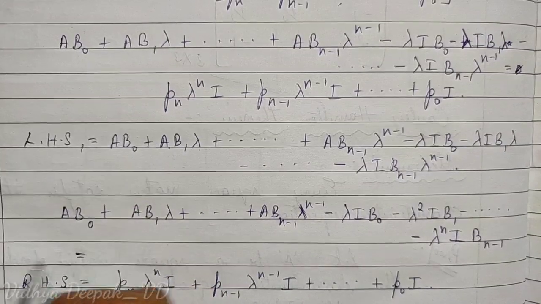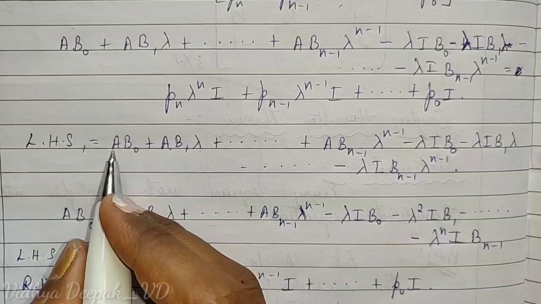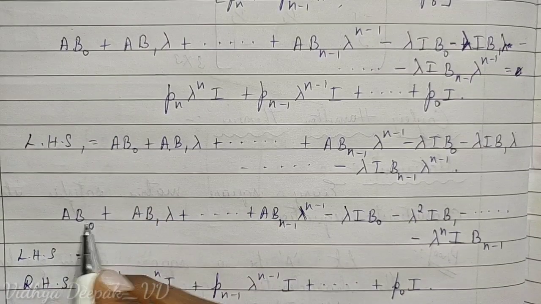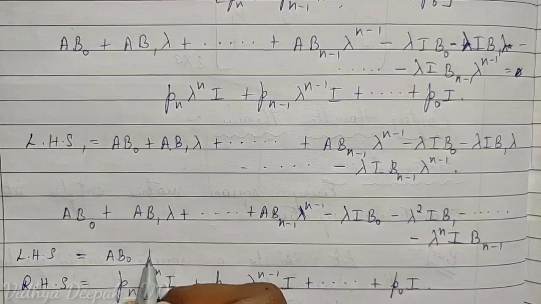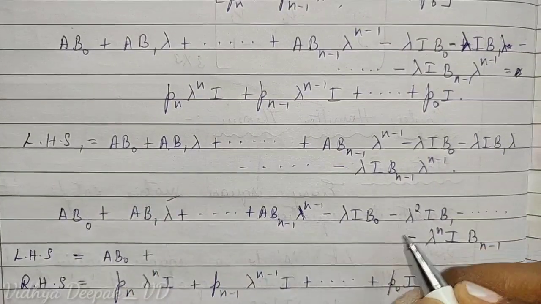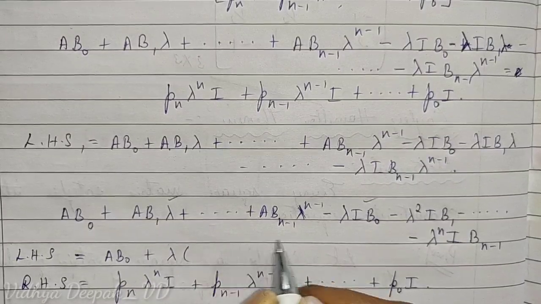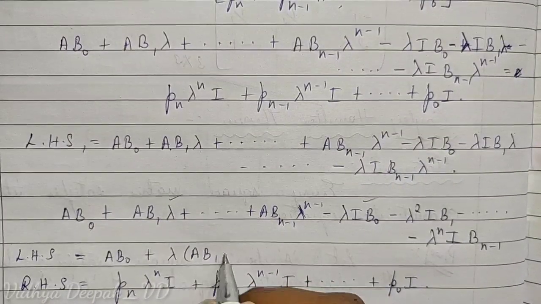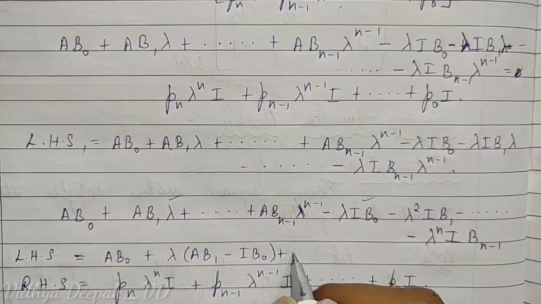So shall we do that? So LHS becomes constants, we have AB naught and here we don't have a constant, so we'll write AB naught plus here this term is lambda, this term is lambda, so we can take lambda common outside and write this as AB1 minus IB naught plus etc.